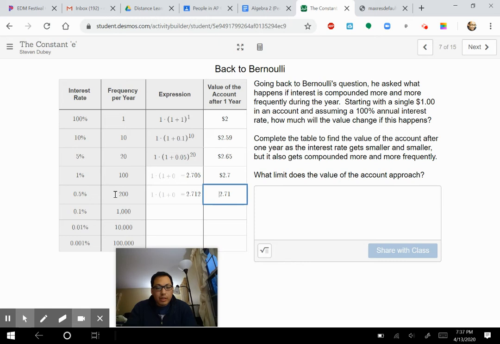So $2.71. Okay, so we've gone from $2 if we do this once a year, to $2.59 if we do it 10 times a year, 2.65, 2.70, 2.71. It looks like the increase is getting smaller, so maybe it's approaching some limit, right? Some amount. Let's keep going here.